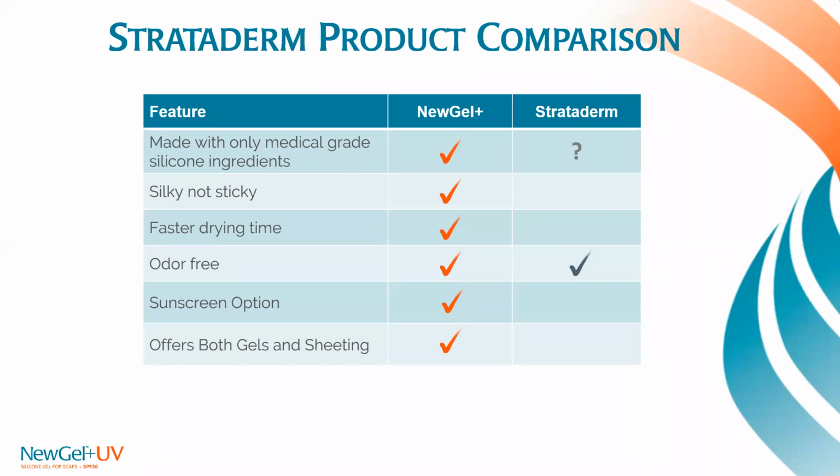Because it's sticky, it does not dry very fast. You get a faster drying time with NewGel Plus E. They are both odor-free. They don't have a sunscreen product, so there are no sunscreen ingredients. It is pure silicone. But they do not have a sunscreen option, and they do not offer sheeting in addition to the gel product.